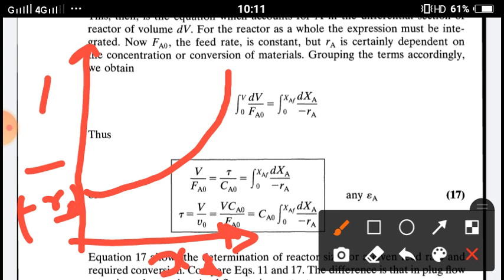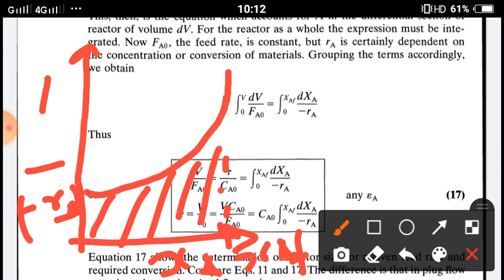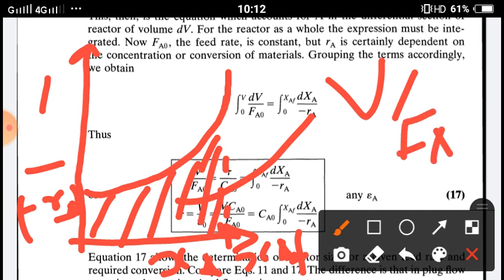The final value of Xa is XAF, and the V by Fa naught quantity will be the area under this curve. Why am I taking the area under this curve? Because in an MFR we had no integration, but in a PFR we have integration. That's why the area under the curve will become our quantity V divided by Fa naught.